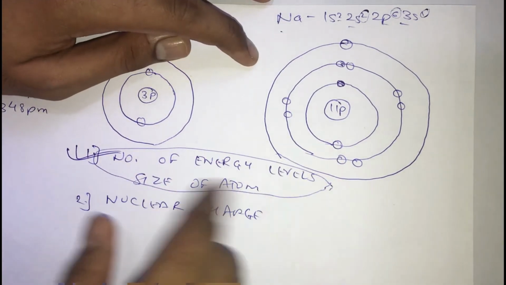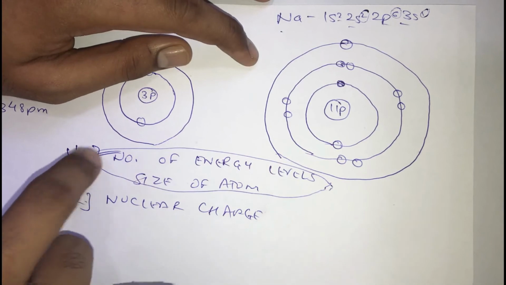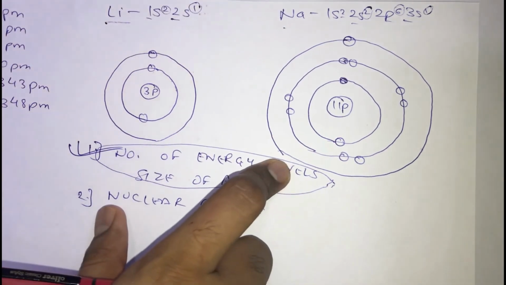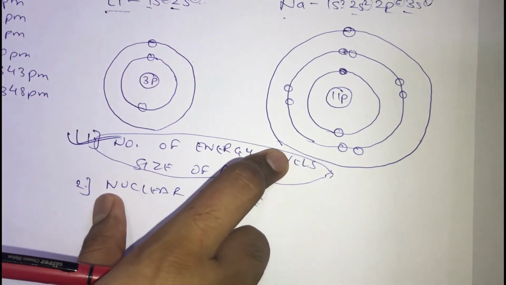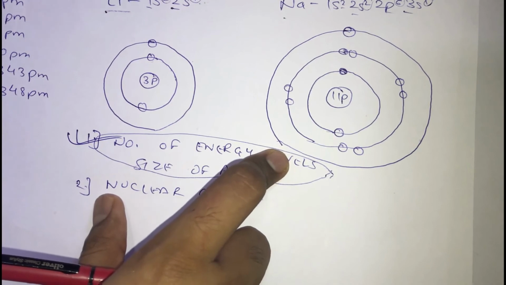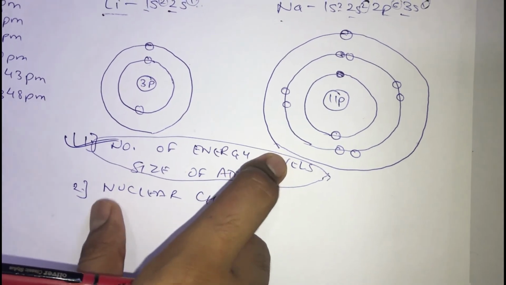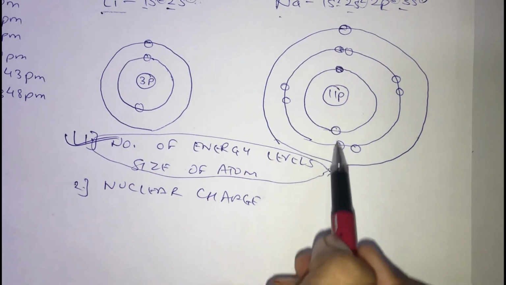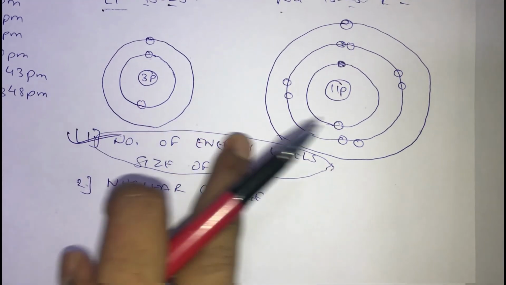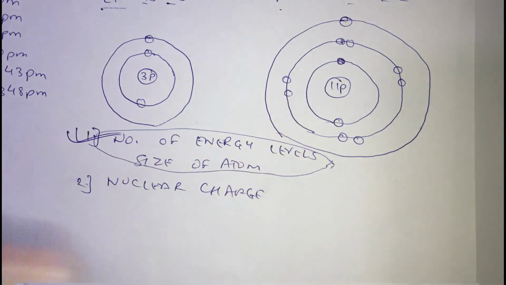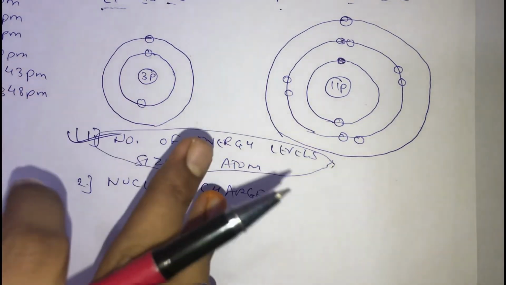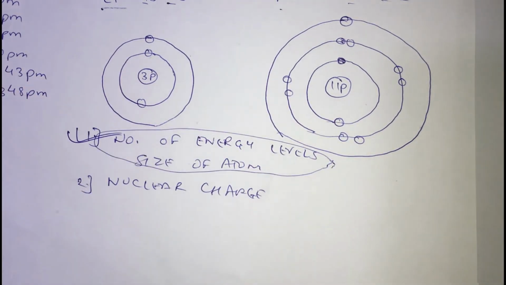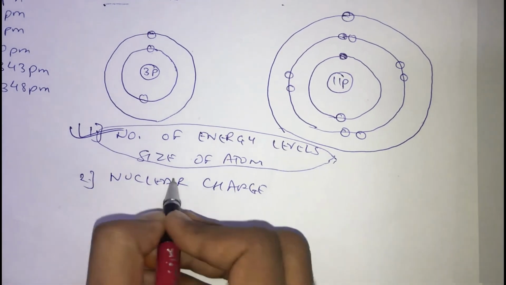So you just set one thing in mind, that if the number of energy levels is greater, then it is obvious that the atomic radius is also going to be greater. So if the number of energy levels is greater, then there is no comparison between both of them, the atomic radius has to be greater. So you don't have to worry about the remaining two factors, that is the nuclear charge and the shielding effect. Why you don't have to worry?